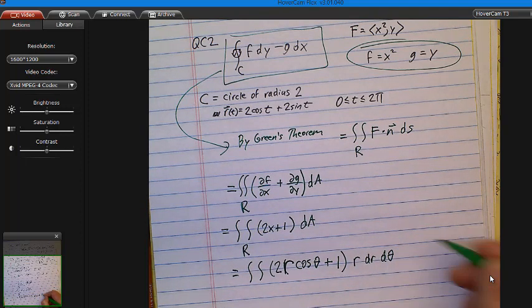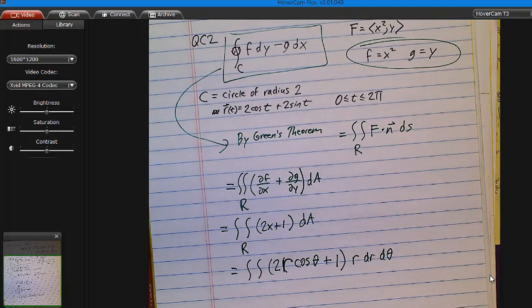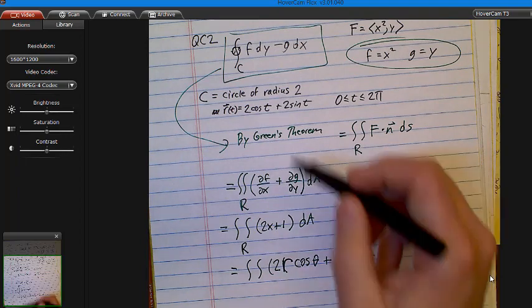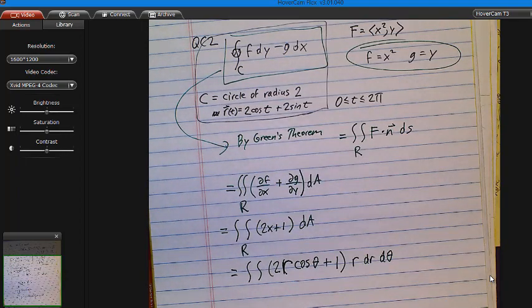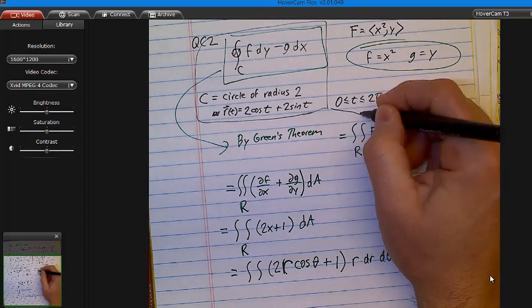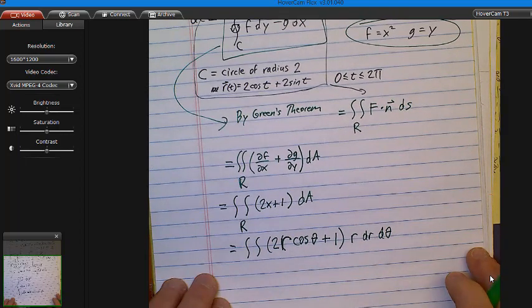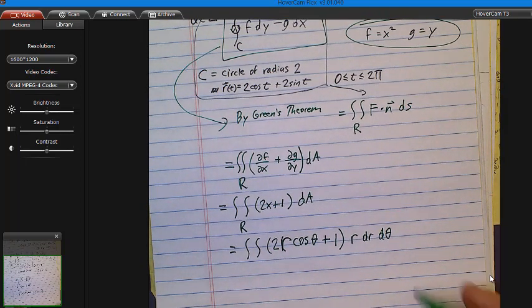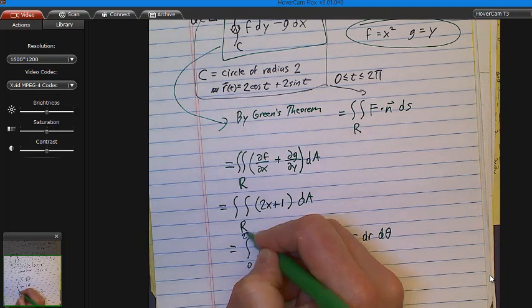Did you change that to t or not? Did you use t in your parameterization? Well, I was thinking about parameterizations if I'm going to go directly without Green's theorem, or if we're going to be doing it as a vector field, you might need it also. But let's do this. This must be what they meant by the hint, right? So theta, we know that's going from 0 to 2 pi, right?